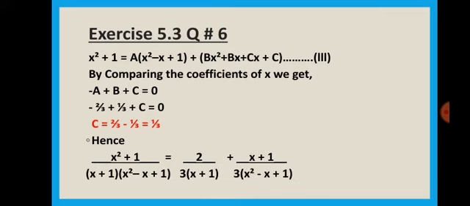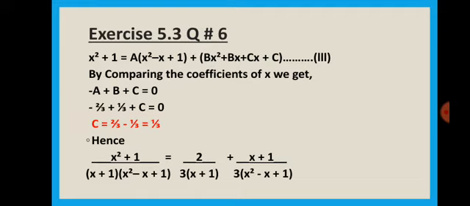By comparing the coefficients of x, we get minus a, as the second term is minus x, so the coefficient of x over here will be minus a, and the coefficient of x is b and c in the last term.